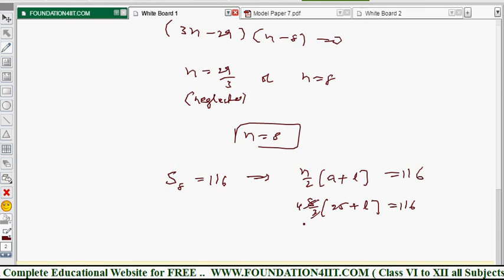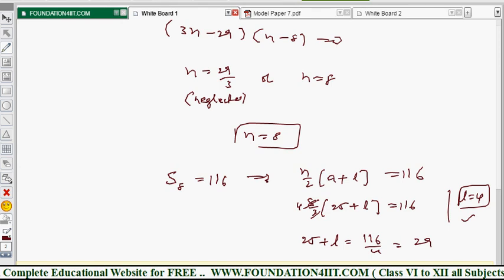We cancel, this is 4. So 25 plus l is equal to 116 by 4. 116 by 4 is equal to 29. Then from this l is equal to 4. So the last term is 4, that is 29 minus 25.